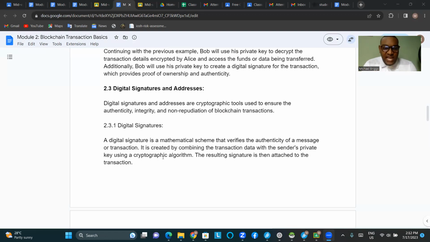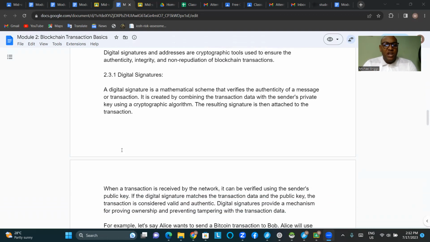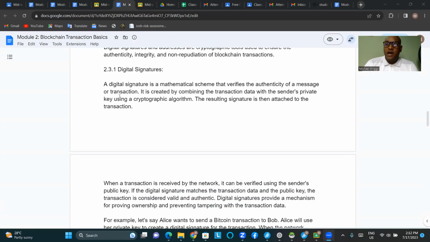Now, let's try to understand how this works. When we talk about digital signatures, we're talking about a mathematical scheme that verifies the authenticity of a message or a transaction. It is created by combining the transaction data with the sender's private key using a cryptographic algorithm.